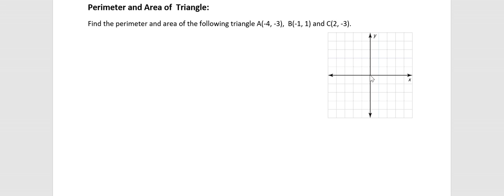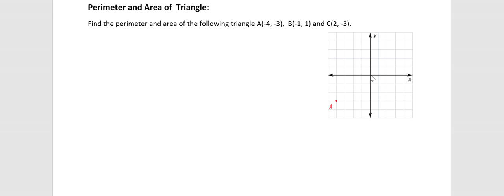The x-coordinate of point A is -4, so we start from the origin. We count 1, 2, 3, 4 units left. Y is 3, so 1, 2, 3 units up.